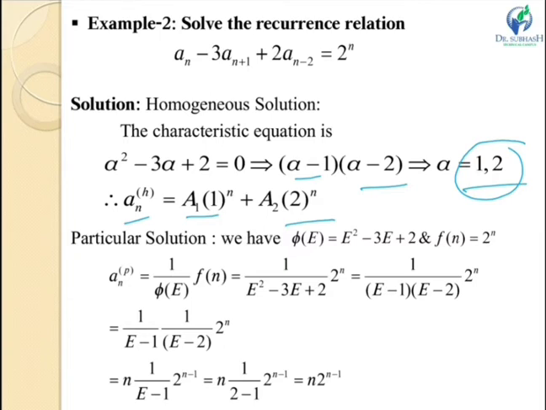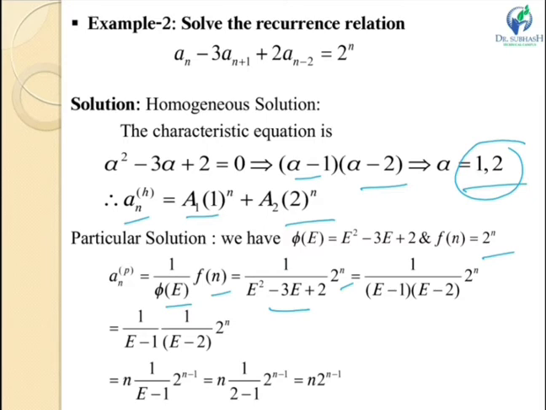Now we'll find the particular solution. Here our phi of E will be E square minus 3E plus 2, and f of n equal to 2 raised to n. So A and P will be equal to 1 upon phi of E into f of n. I have substituted the values of phi of E and f of n.